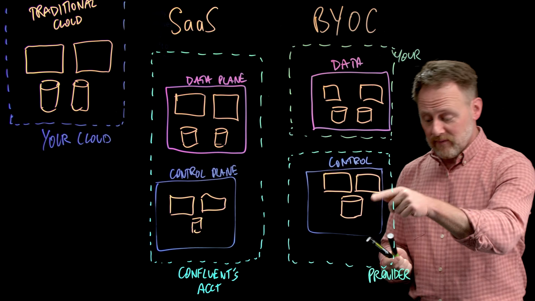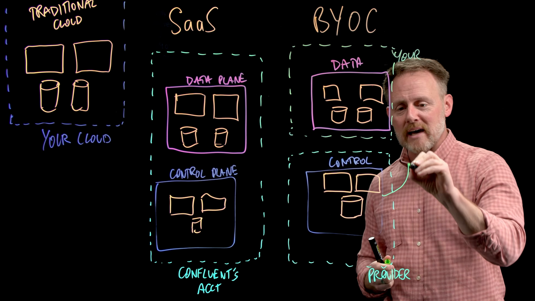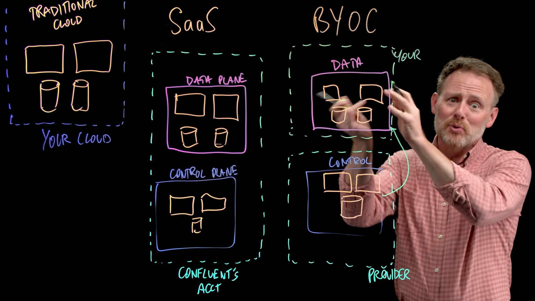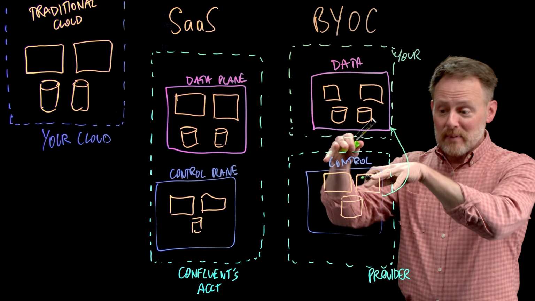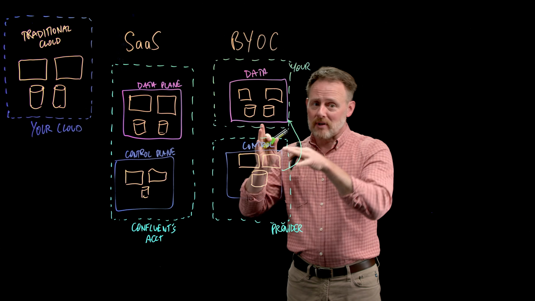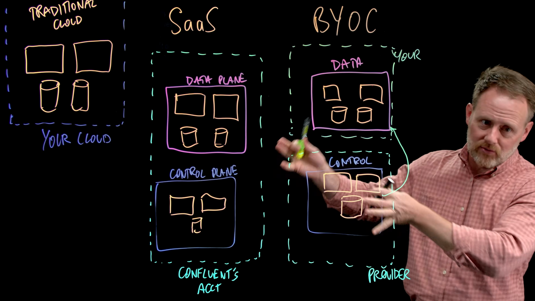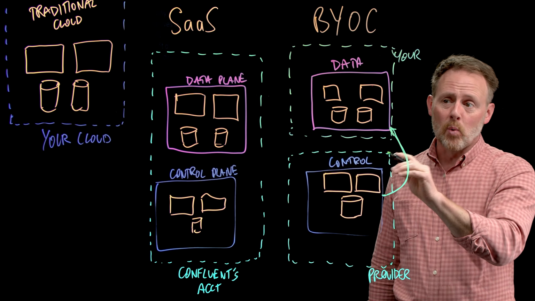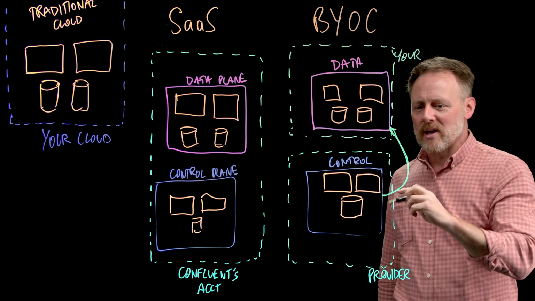Now, the provider here is, of course, going to have to penetrate over here into the data plane. The control plane is going to have to do something to manipulate this data plane, because there's all these nice UIs. You're saying, hey, I want this cluster, this sort of metadata, whatever it is. The control plane is going to have to tell the data plane what to do and have some way of breaking in there.